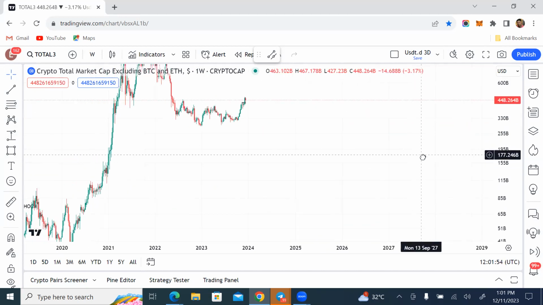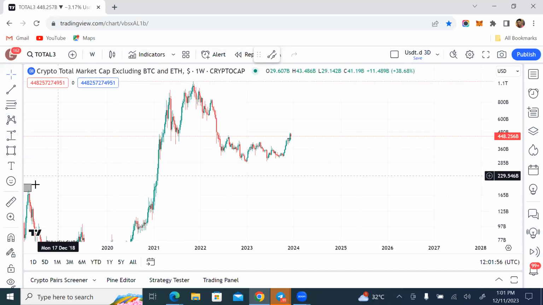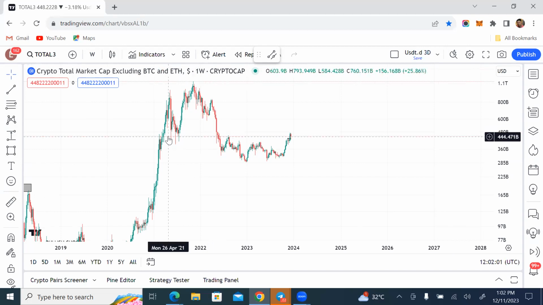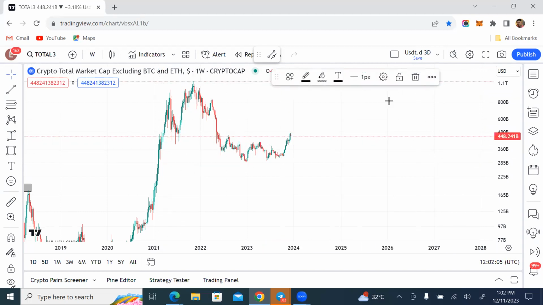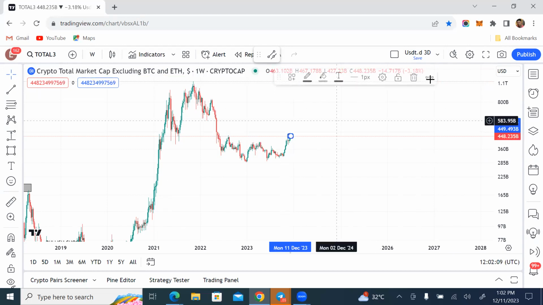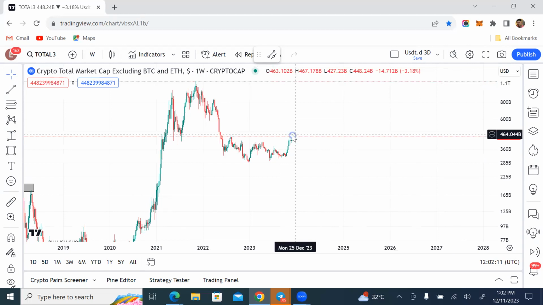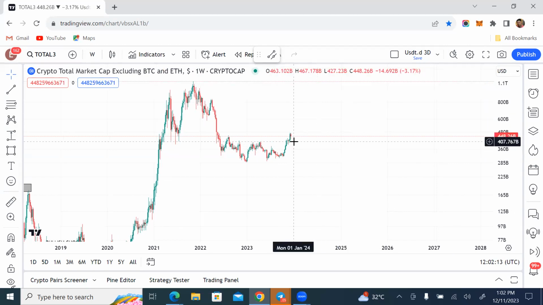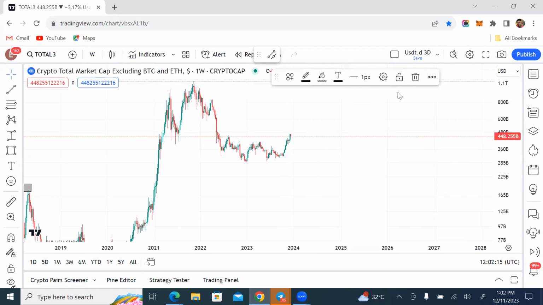And then on the weekly, I'm going to plot my key levels right here. If you don't know how to plot your key levels, it's actually very simple. I'll show you how to do that right now in this video.